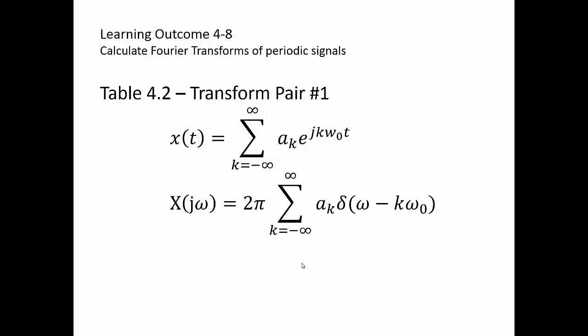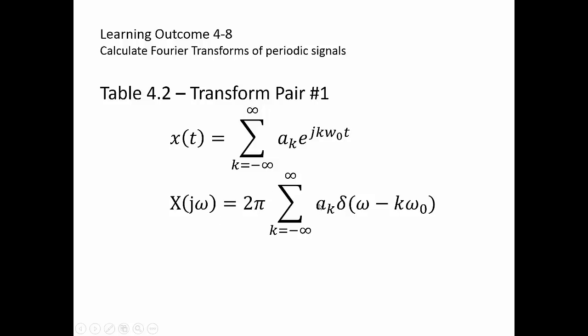Does that first equation look familiar? I hope so. That's the synthesis equation for Fourier series. And we use this directly to convert something that's a Fourier series into a Fourier transform. If we know our Fourier series coefficients a sub k, we then know the Fourier transform.